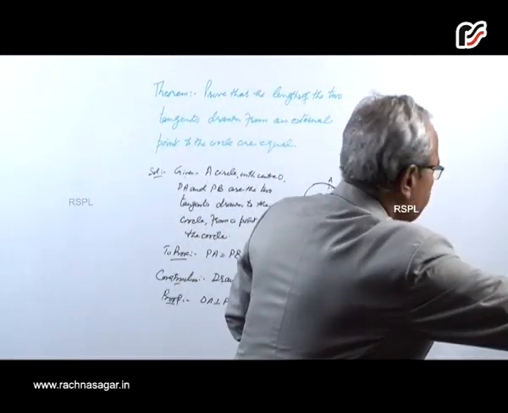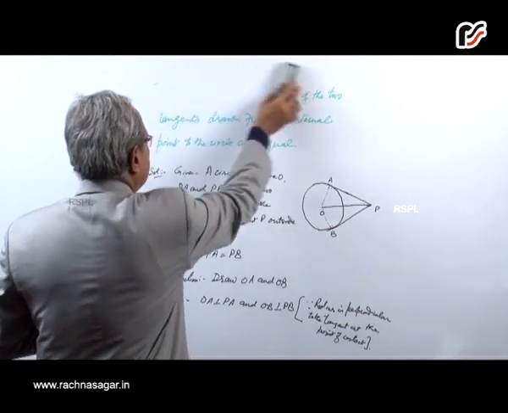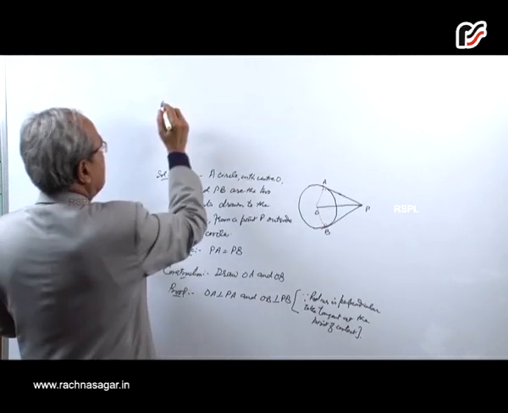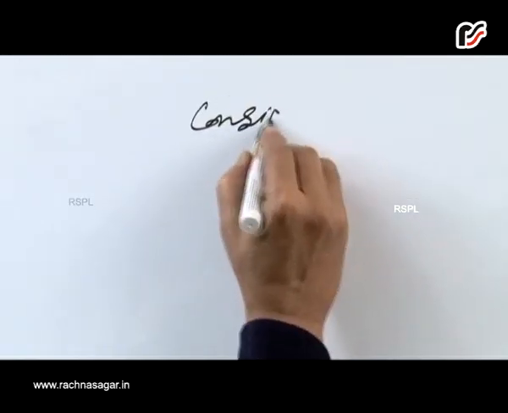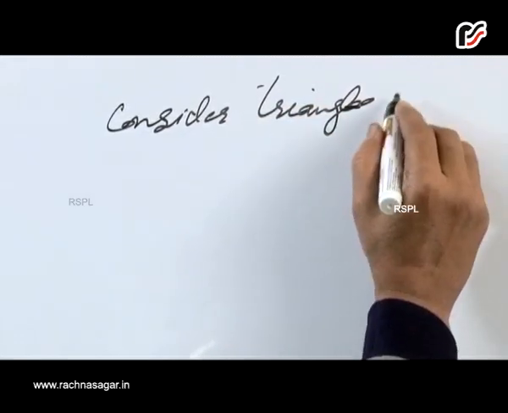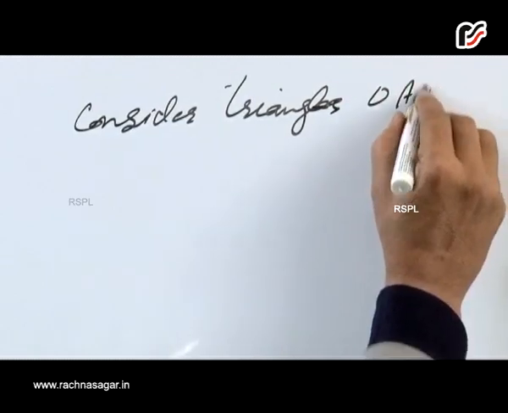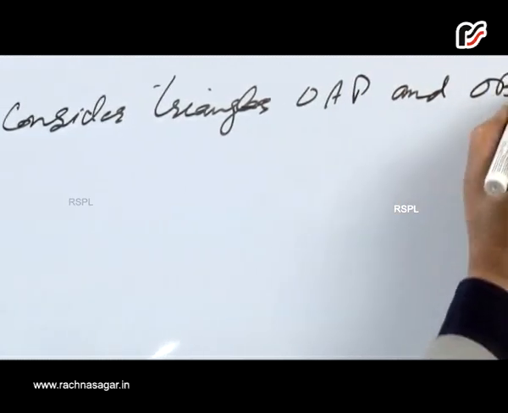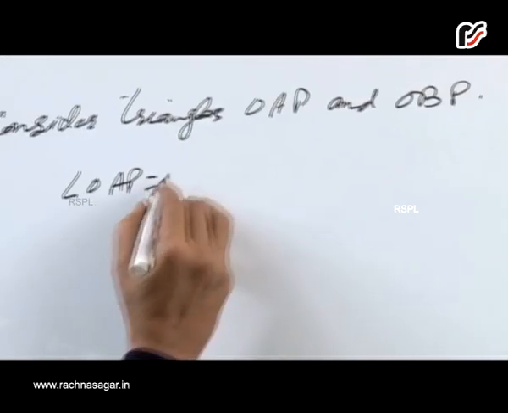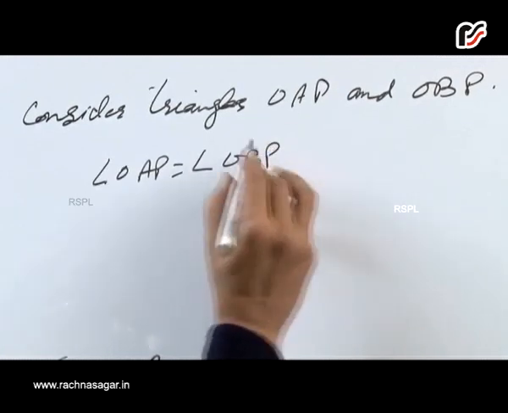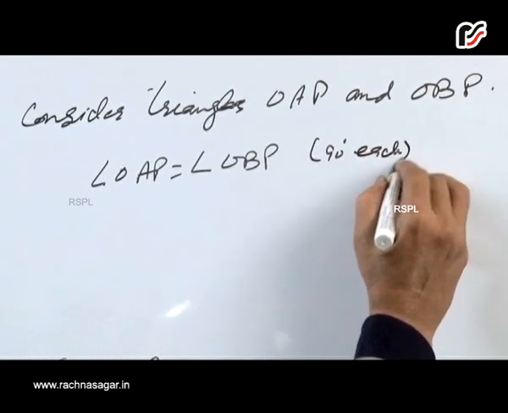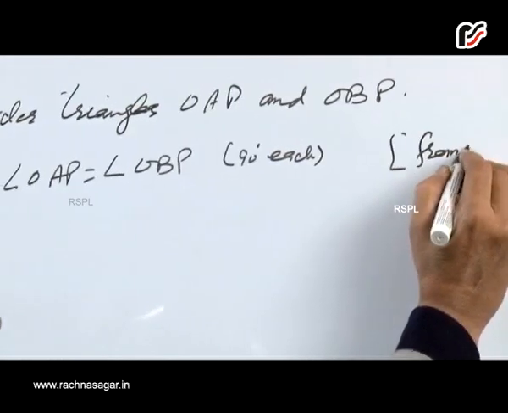Consider triangles OAP and OBP. Angle OAP equals angle OBP, 90 degrees each, from 1.